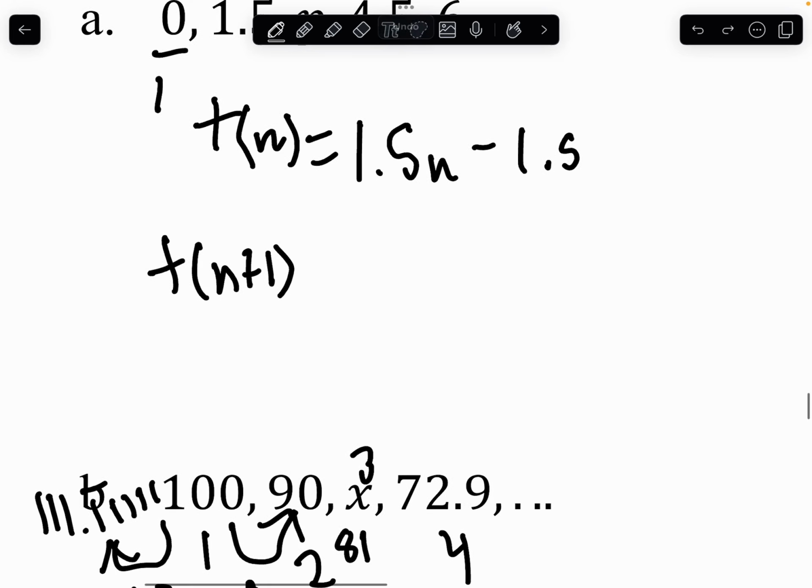Next term is going to equal the previous term, t of n, plus 1.5.